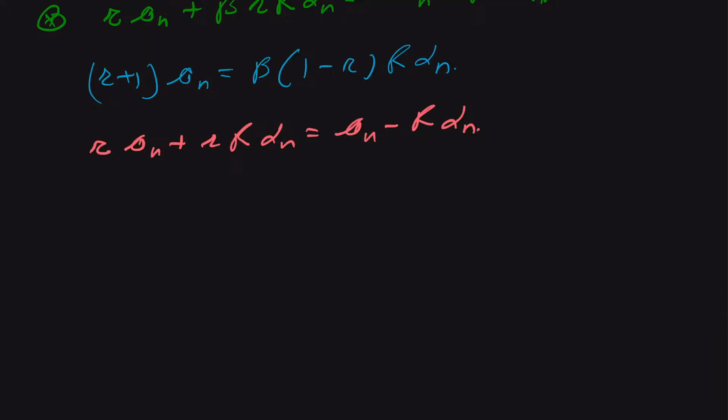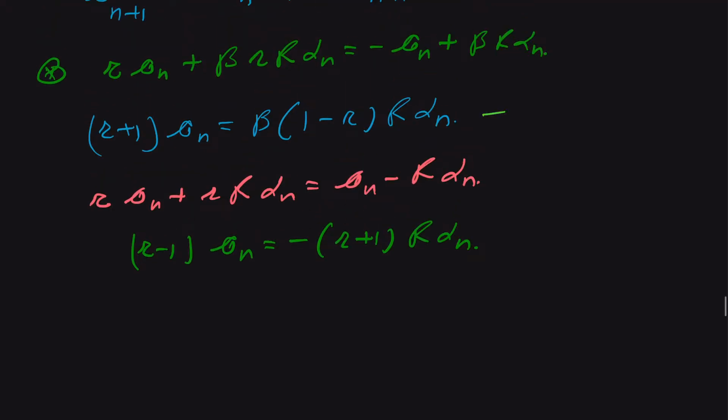Therefore, we can write that r minus 1 times a of n is equal to minus r plus n r alpha of n. And let us call this equation number 1 and this equation number 2.